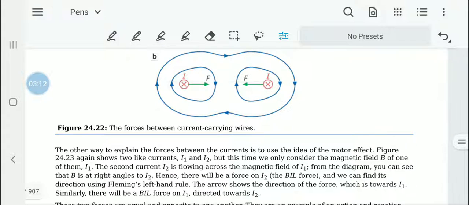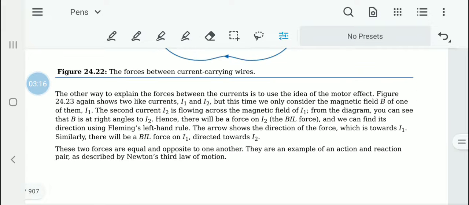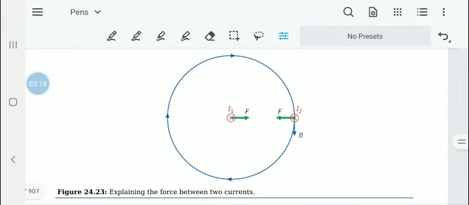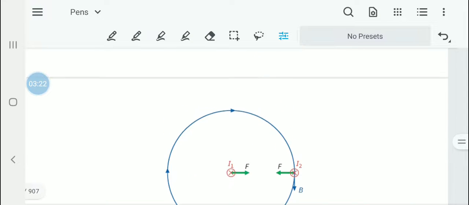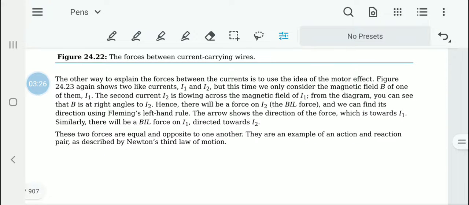If you use the motor effect to explain this idea, again we have to look at this diagram, right? In this diagram, I suggest that you look at your diagram in the book. So what happens is, there are two currents I1 and I2, but we talk only about the magnetic field B of one of them, that is I1.